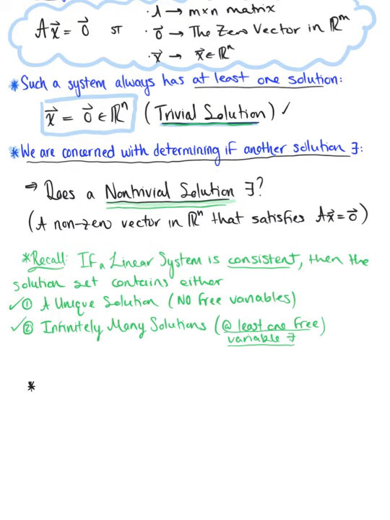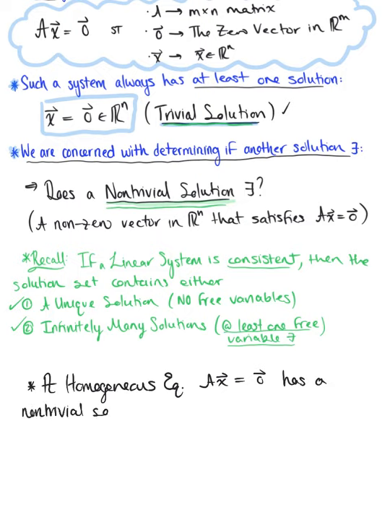So we can make the statement that a homogeneous equation, matrix A times vector x equals a zero vector, has a non-trivial solution if and only if at least one free variable exists.